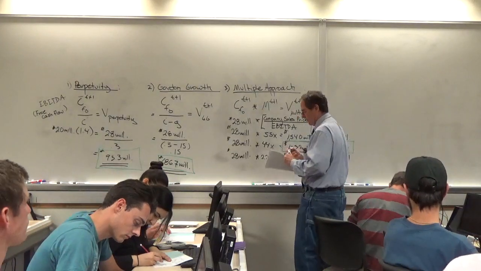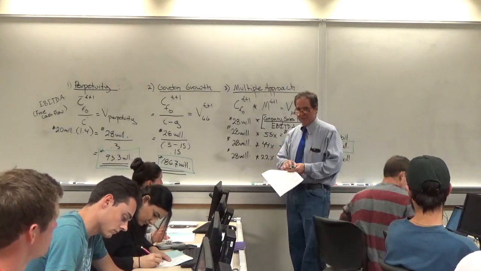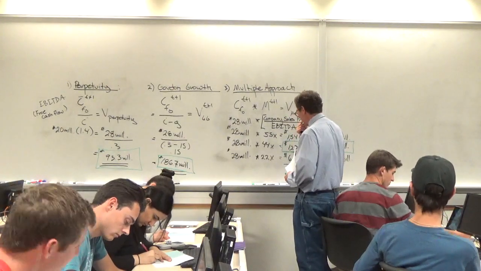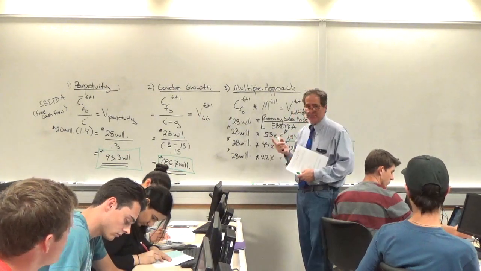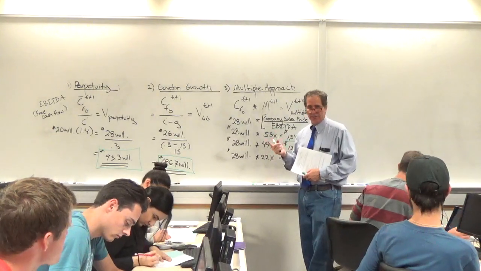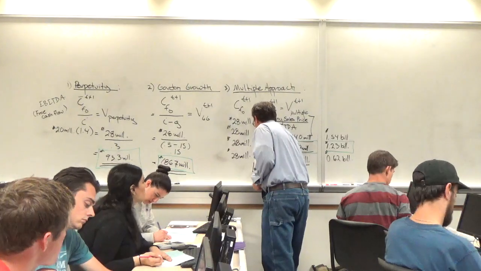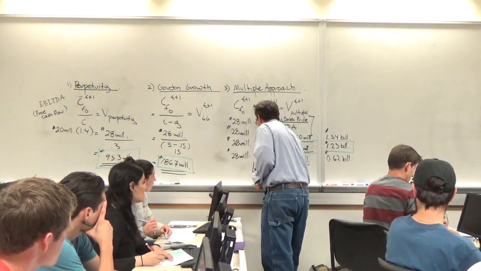Here's another little note for you, which I think is kind of interesting. I didn't do this in the last class. I can also create multiples by taking 1 divided by the discount rate.